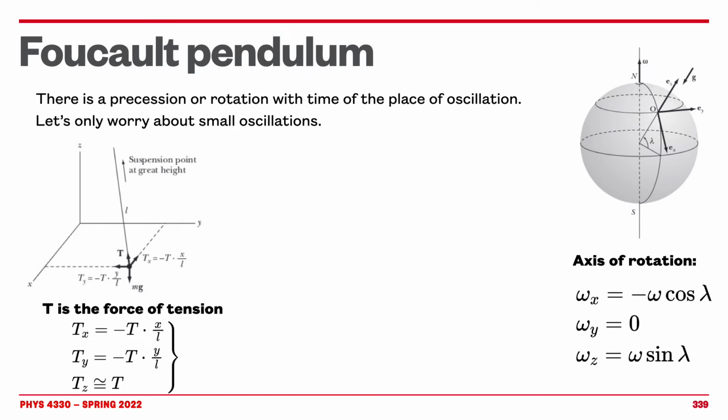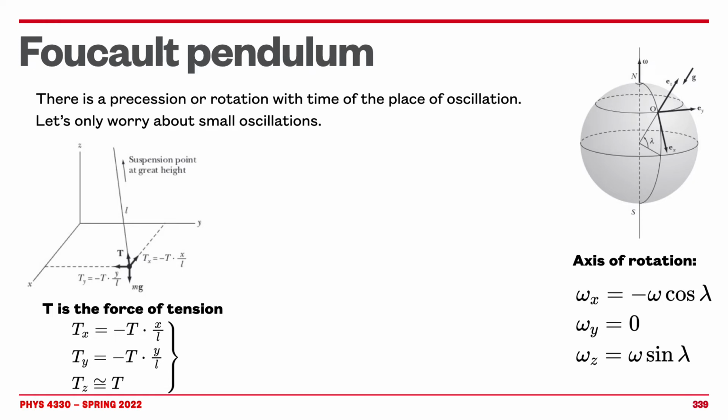Typically, when we solve this without worrying about the Coriolis force, of course, T and mg are the same, and this is the reason why the pendulum doesn't move up and down along the rope. But we also have a component along x and y, which is related to the position of the pendulum, x and y. That's again shown on the picture. This is another opportunity to maybe pause the screencast and convince yourself that those numbers are correct.